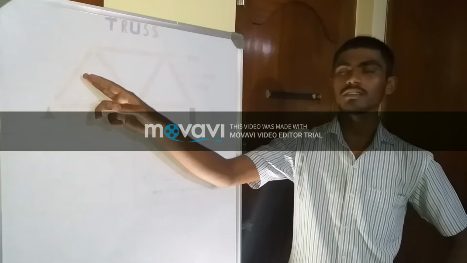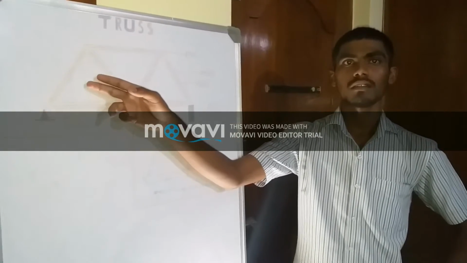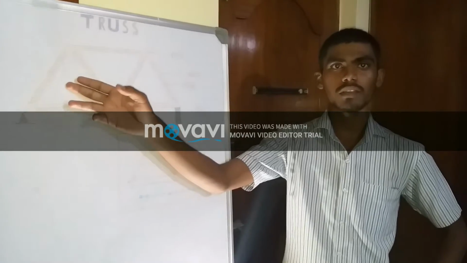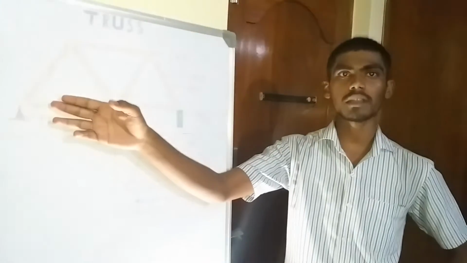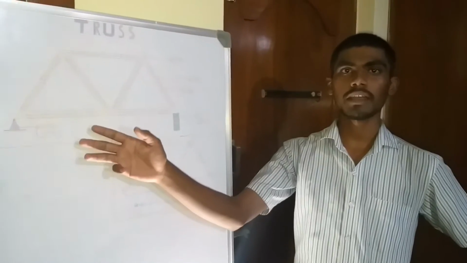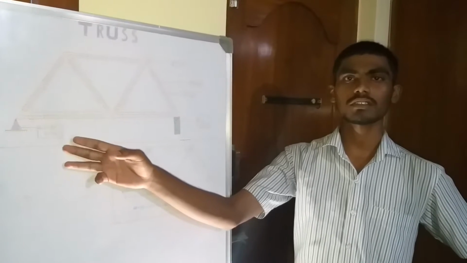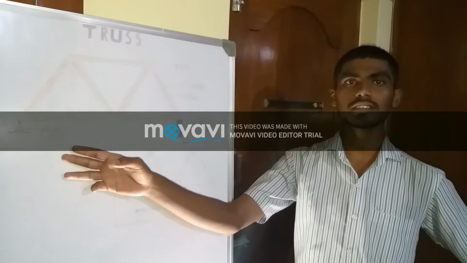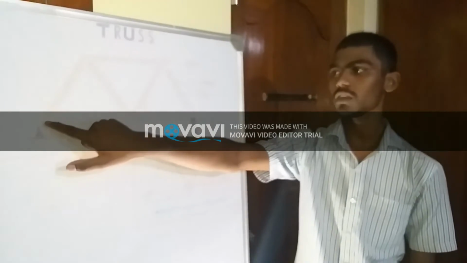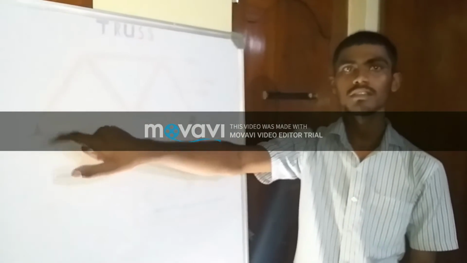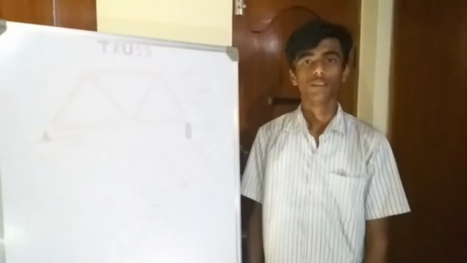The straight member is a successive addition of two adjacent members of a triangle, because there are three equations of equilibrium in a truss, where the two reactions can be found and the two unknowns can be found using three sides of a triangle. The simplest form of a truss is a single triangle because the unknowns are only two and the reactions are also two. Two members in a triangle meet at a joint. The joint is known as the multer joint, and the further information will be shared by my friend Sunil.